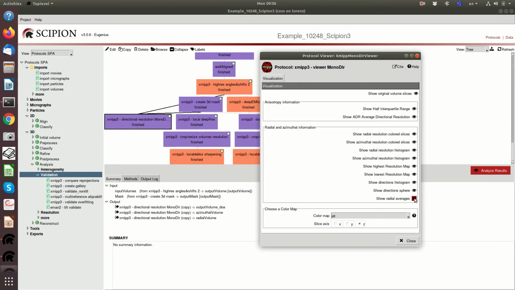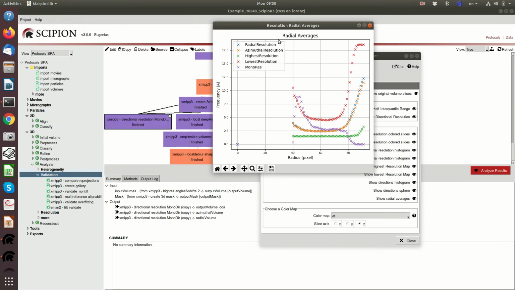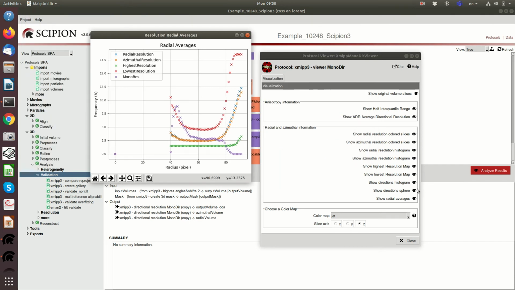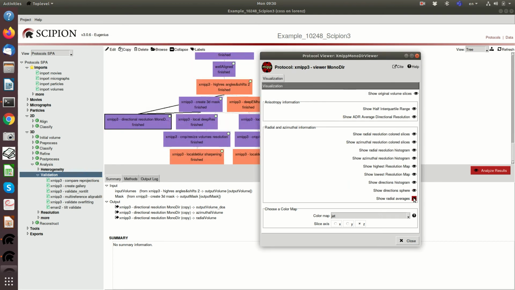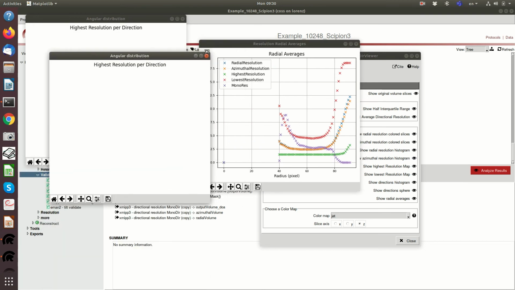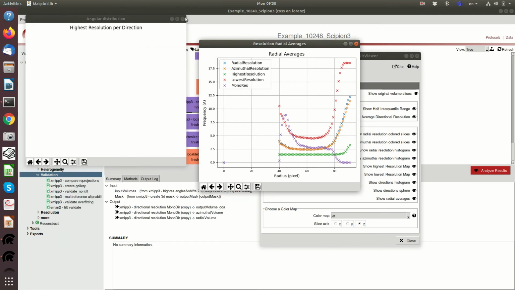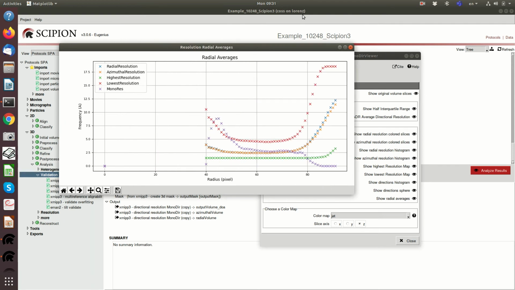So here, for some reason this didn't show well. Let me check again. Okay, so this is not showing for some reason. It may be a bug that we will fix in the next release. But this is the radial resolution.